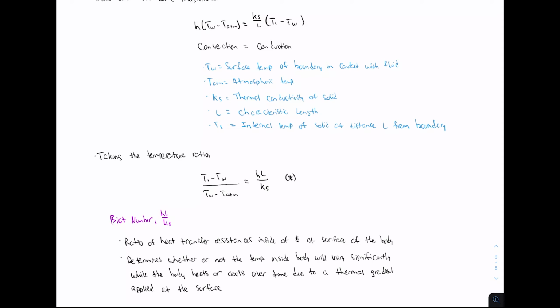So for our experiment, this is going to be of use because we are going to have a hot copper rod that we're going to cool over time from a cold airstream. So if we can apply this lumped assumption, it's going to make our equations much easier to solve.